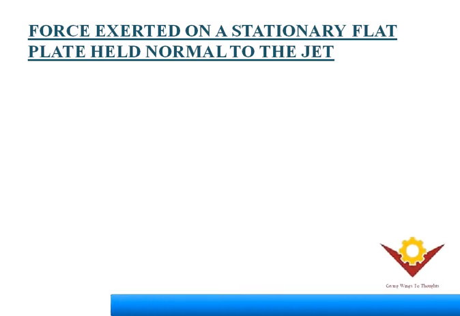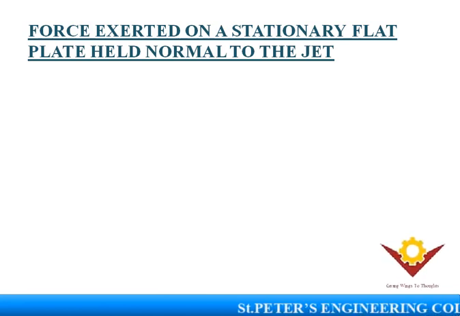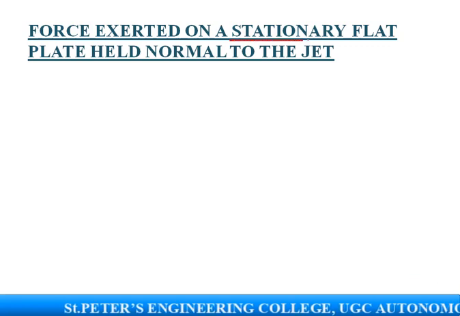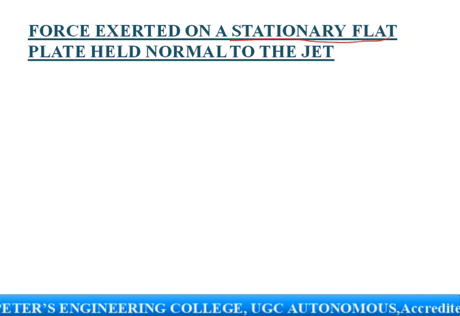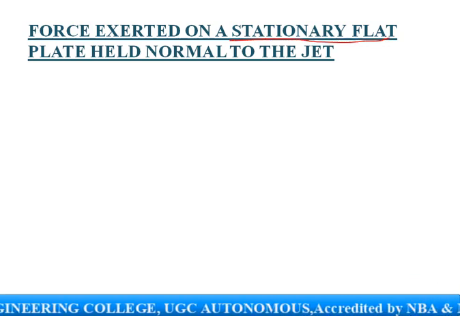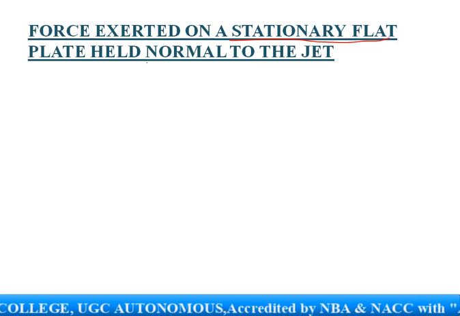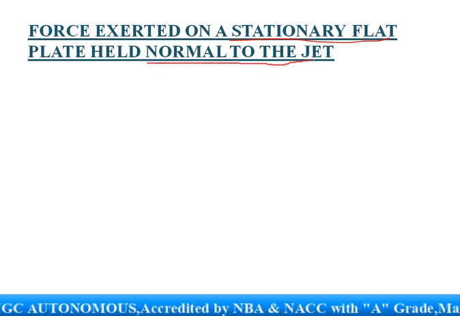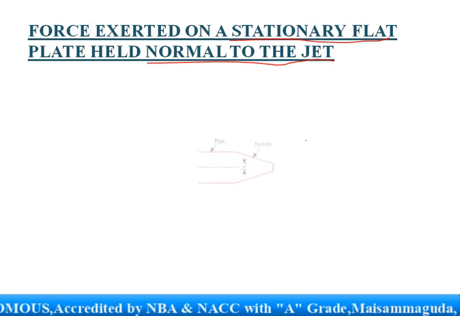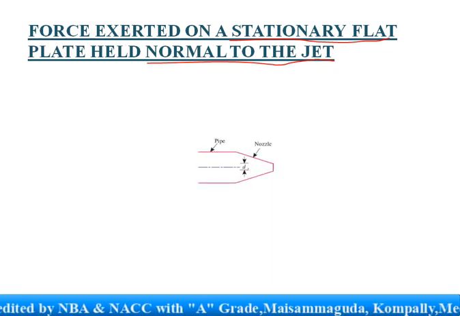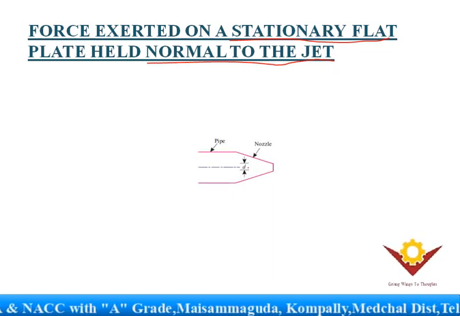And now the force exerted on a stationary plate. We'll see the moving plates in the next session. This is your first case in the stationary plates: the plate held normal to the jet. First we'll see here, this is your nozzle with the diameter d.